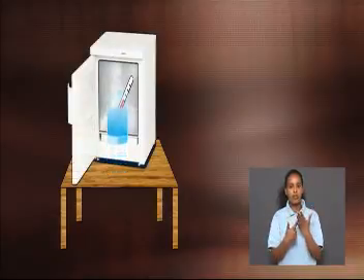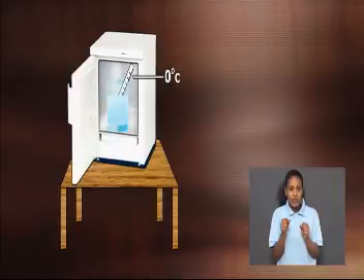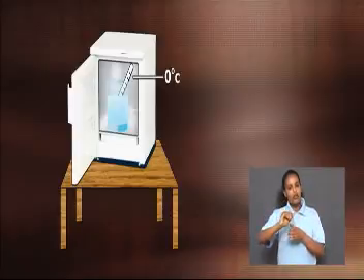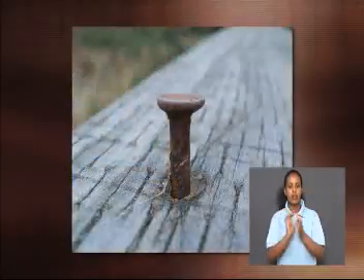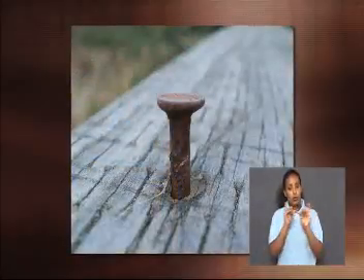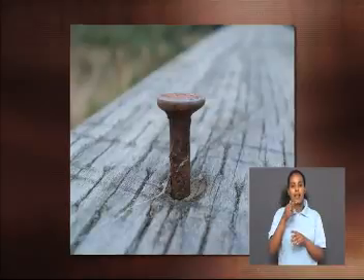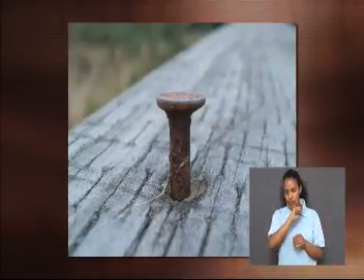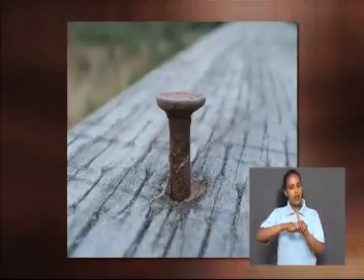However, if it is cooled until it falls below 0 degrees Celsius, it will freeze. Thus, in order for the change to occur, an outside influence must be applied constantly. You may also have noticed that once a nail has rusted, the rust will not change back into iron metal and oxygen gas.